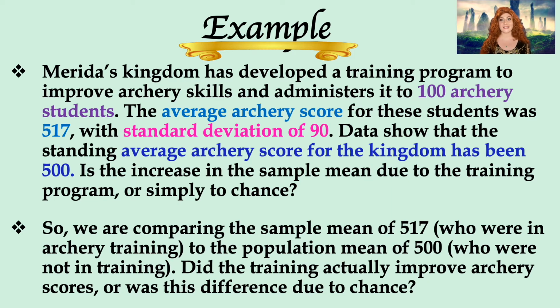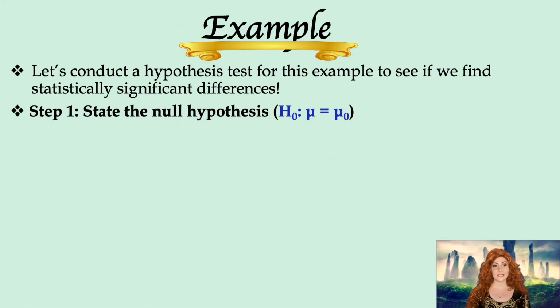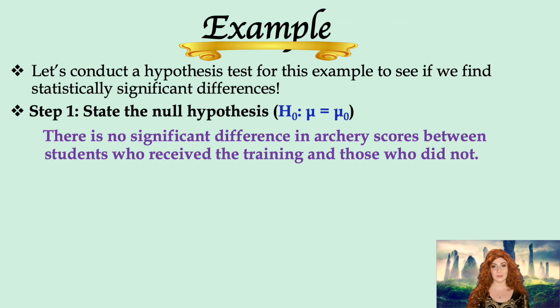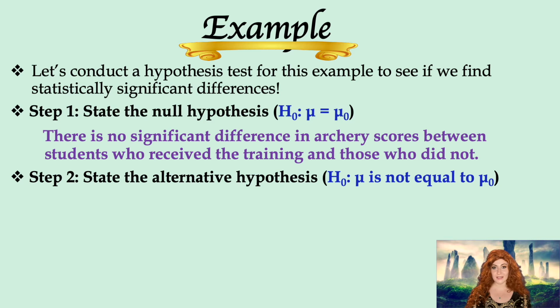So let's start with the 7-step process to answer this question. Step 1 is we state the null hypothesis. The null hypothesis would be that there is no significant difference in archery scores between students who received my training and those who did not. In other words, there's going to be no difference between the sample of students who took archery training and the population that did not. Step 2 is to state the alternative hypothesis.